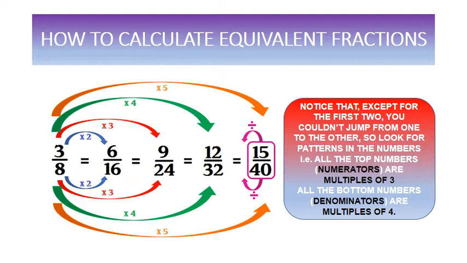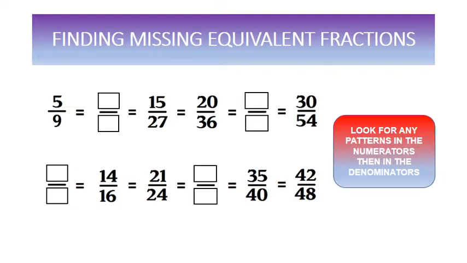So what we do there, when we have a chain of equivalent fractions like that, we have to use our times tables knowledge. So if we look at the numerators, those are all multiples of 3, and all of the denominators are multiples of 4. And this information will help us with the next slide.